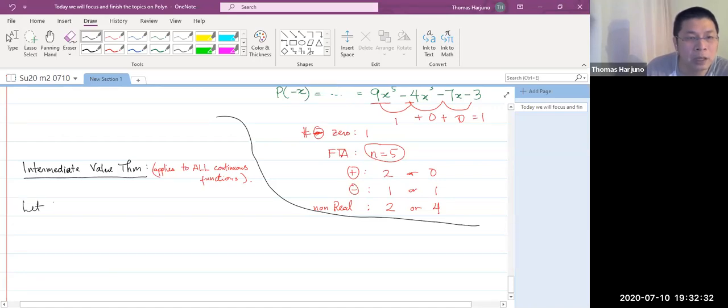Let P(x) be a polynomial, and P(a), P(b) have different signs.